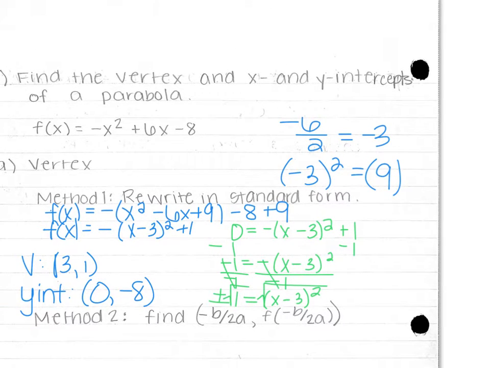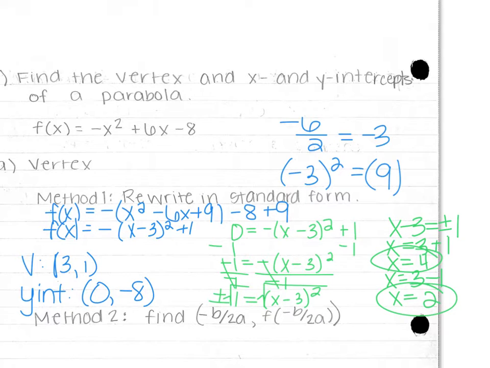Now we have x minus 3 equals plus or minus 1. So in this case, we either have x equals, when we add 3 to both sides, 3 plus 1, or x equals 3 minus 1, so x equals 4, or x equals 2.